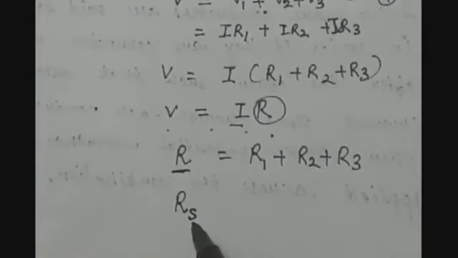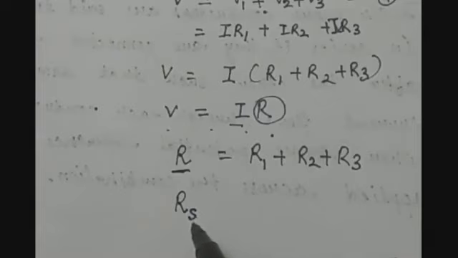So if we compare, our R is equal to R1 plus R2 plus R3. Now, this is our total resistance. You can write it as RS, because this is the equivalent resistance in case of series combination.